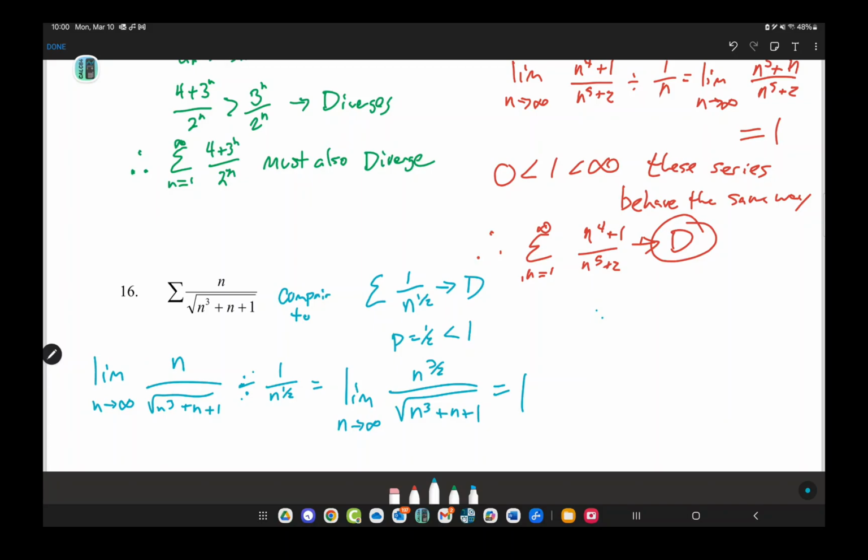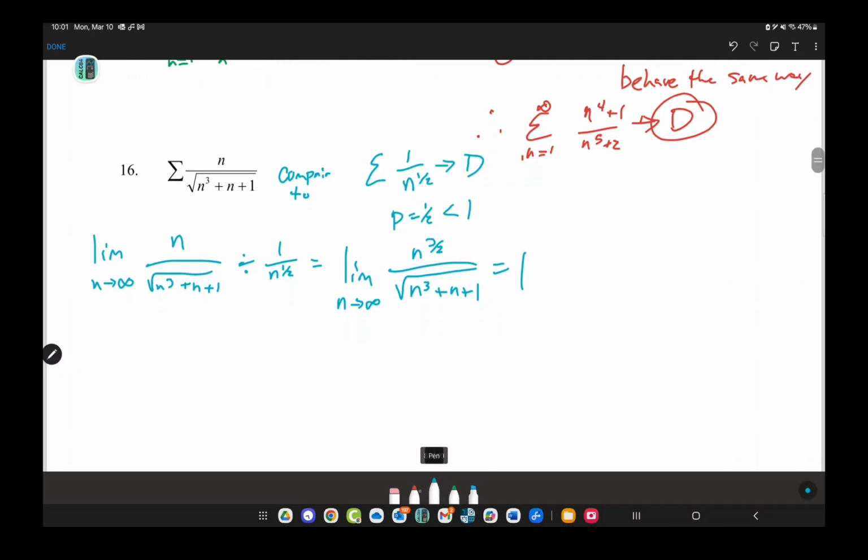The reason is that you can ignore anything but the highest degree. Anything but the highest degree will always go to 0. So both series behave the same way: 0 is less than 1, which is less than infinity.